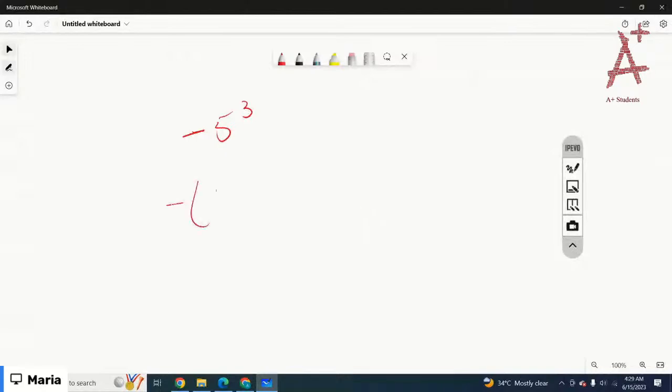So you just have to do 5 times 5 times 5. So you have to do 5 times 5 is 25 and 25 times 5 is 125. So it would be negative 125.